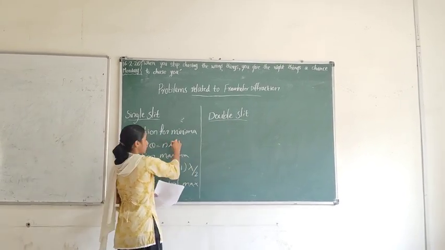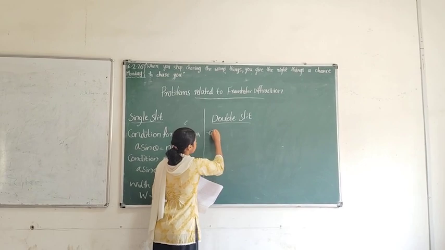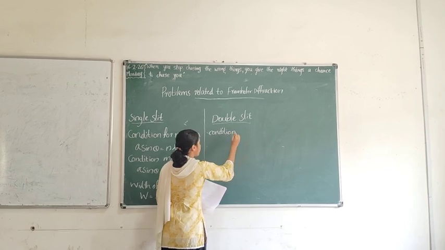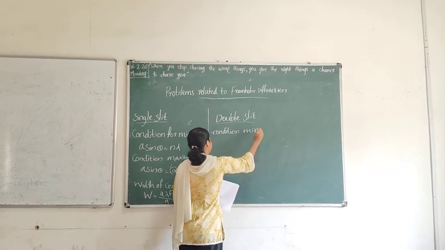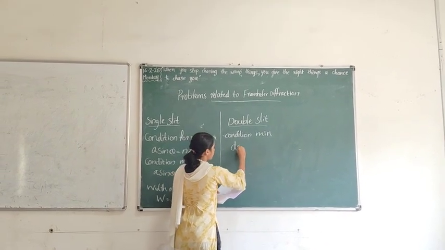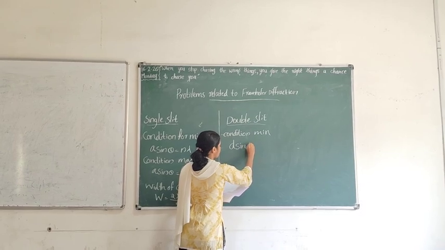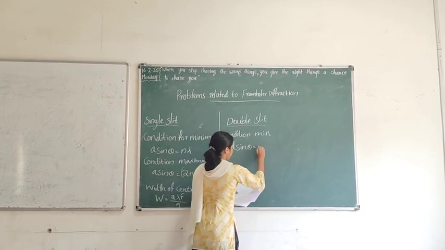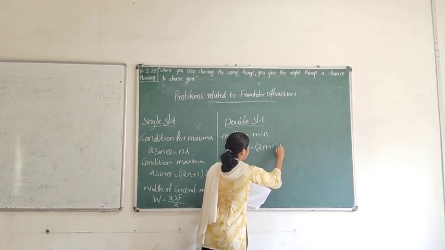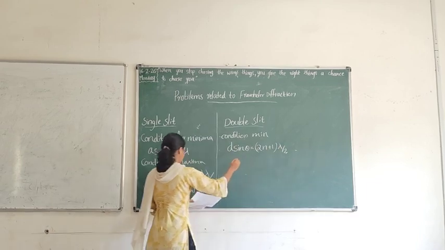First, condition for minima. Condition for minima is D sin theta is equal to (2n plus 1) lambda by 2.